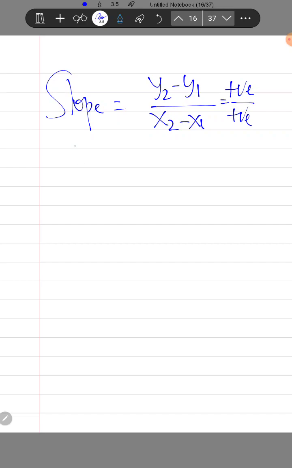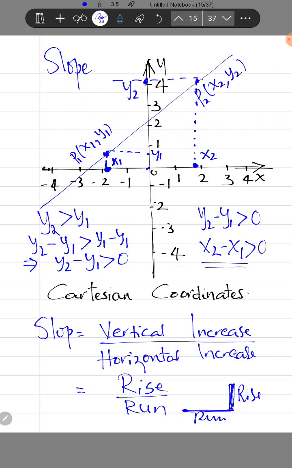So the result is the slope is positive. Let's go back to the same graph here, and any rising graph, as it moves from left to right, will have a positive slope.